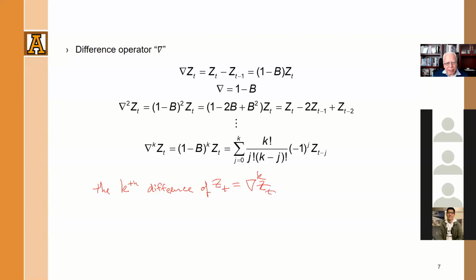That will be 1 minus B to the k applied as an operator to Z_t, and that gives me this expression: the sum of k factorial divided by j factorial times (k minus j) factorial, times (minus 1) to the j, times Z_{t-j}. Again, you can show this by induction without problem.